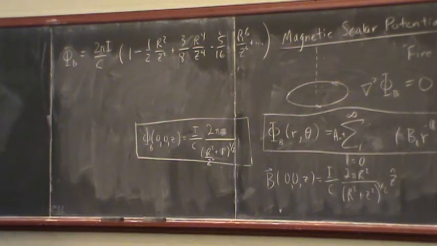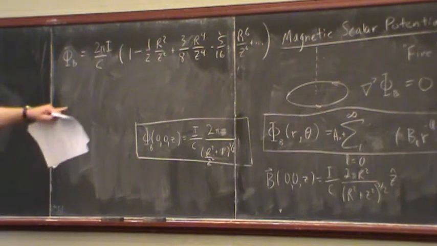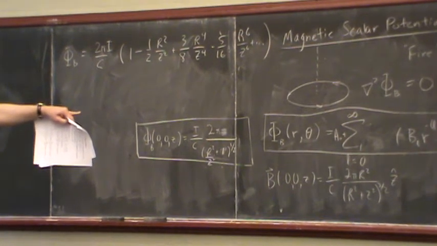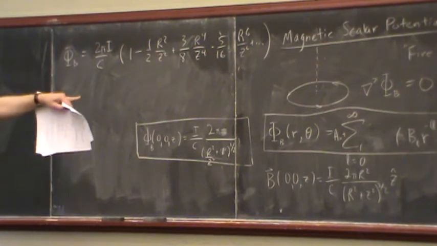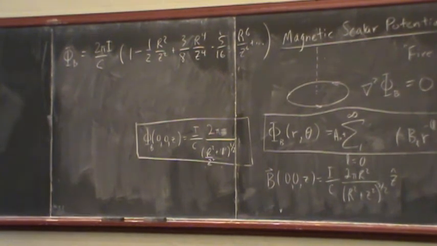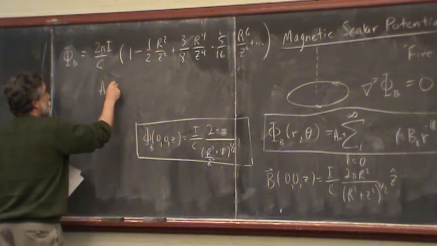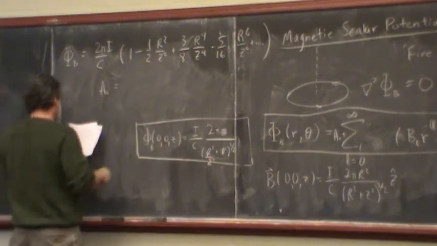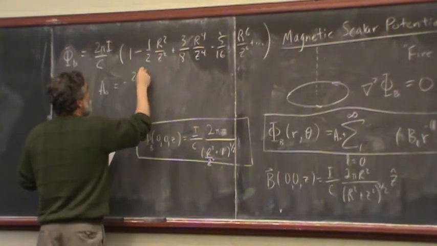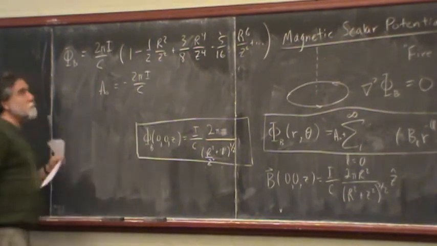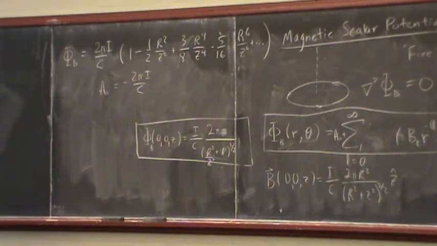And along the axis, R is equal to Z. So now we can take a look at the Legendre expansion there and see which one of these terms would correspond. Right? So we find out that A0 must be minus 2 pi I over C. Right? If I want potential to go to 0 at infinity.